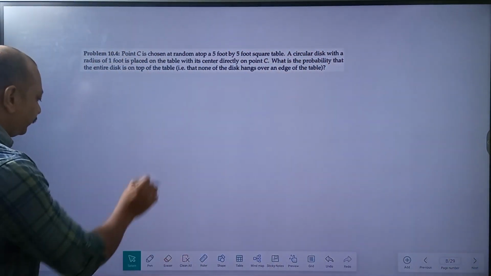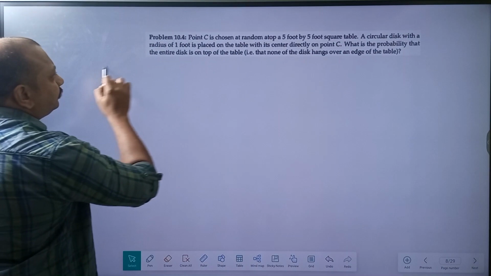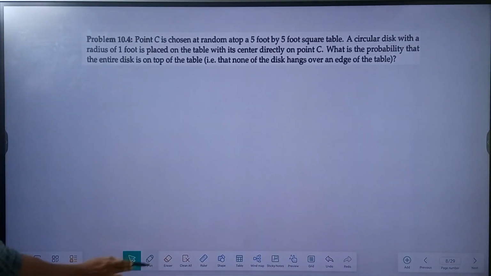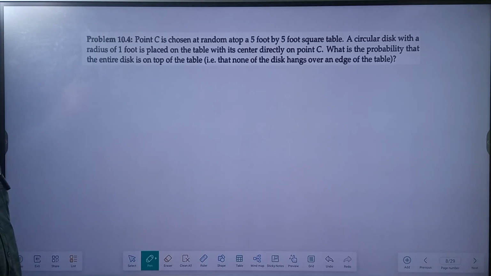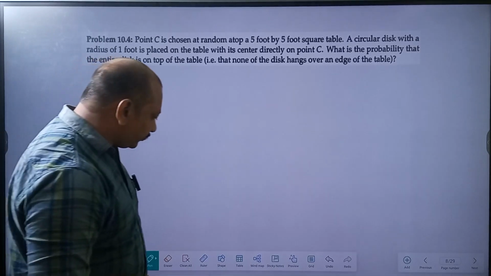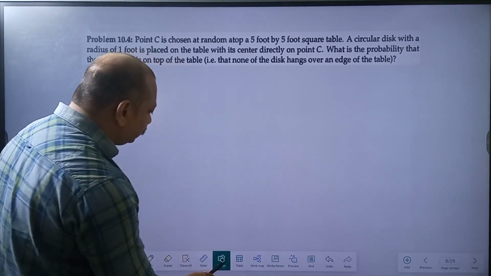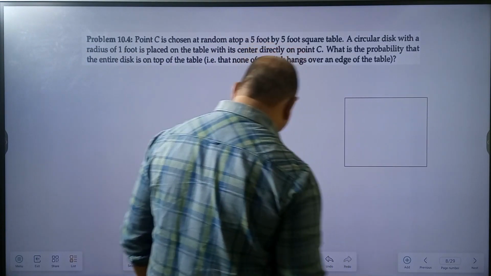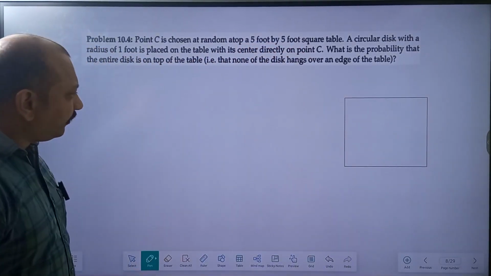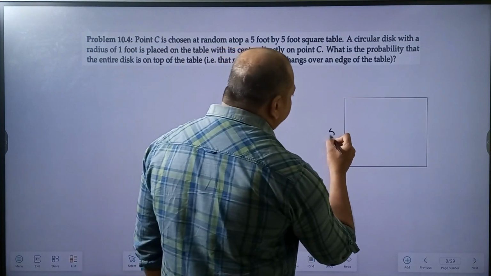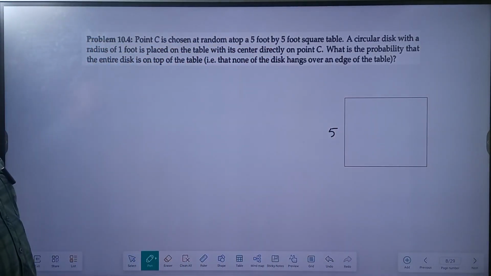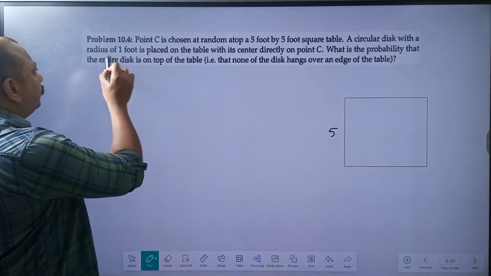Next one. Point C is chosen at random atop a 5 foot by 5 foot square table. Draw a square. The measurements are 5 foot by 5 foot.